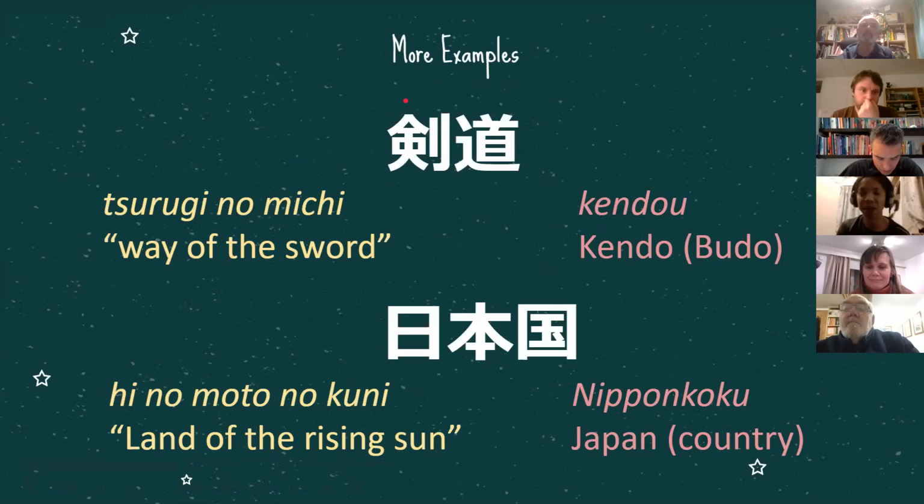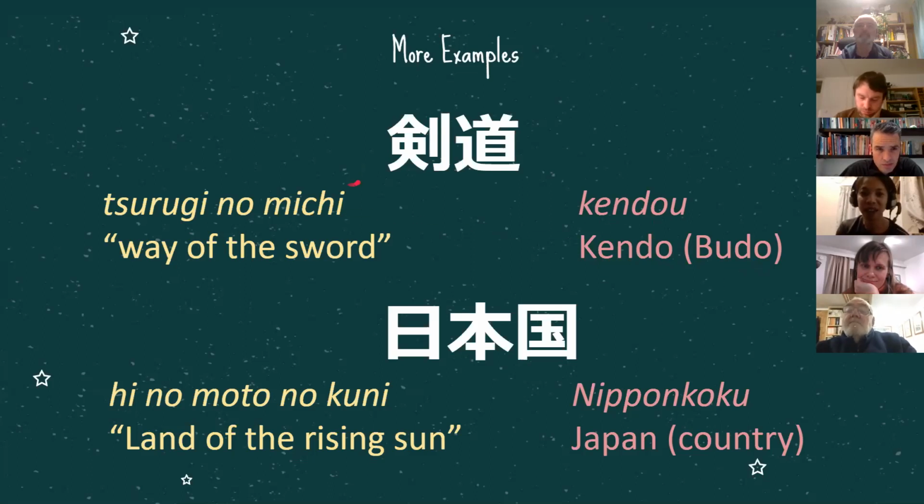More examples, and I will show you how to convert something into classical Japanese, and then you can show off to your Japanese friends. So kendo, we usually say with the Chinese reading, kendo, and when we say that, we mean kendo as a Budo discipline.